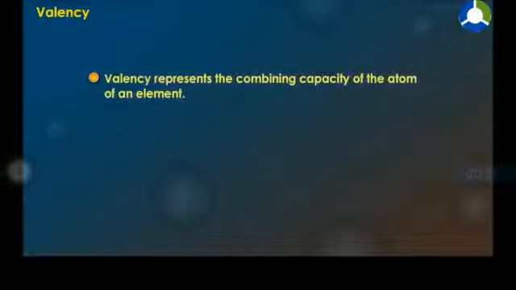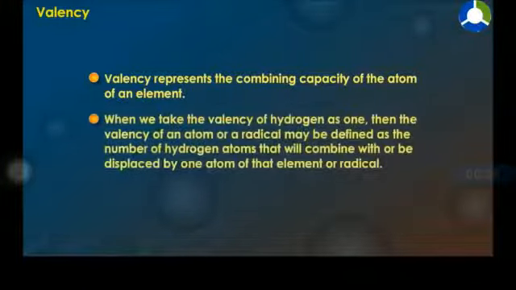Valency represents the combining capacity of the atom of an element. When we take the valency of hydrogen as 1, then the valency of an atom or a radical may be defined as the number of hydrogen atoms that will combine with or be displaced by 1 atom of that element or radical.